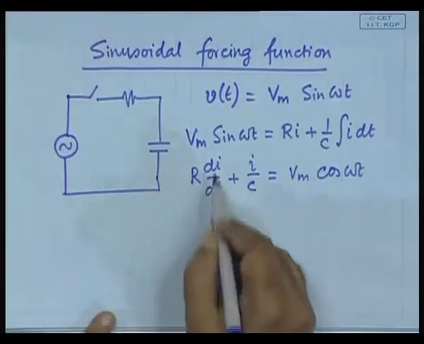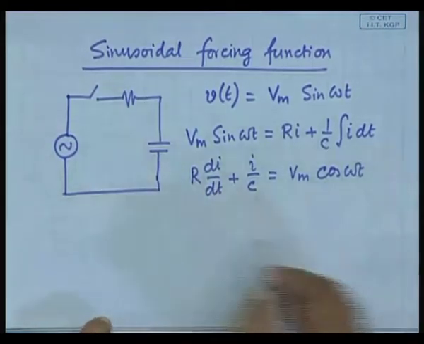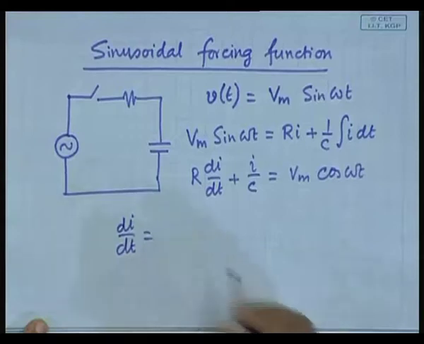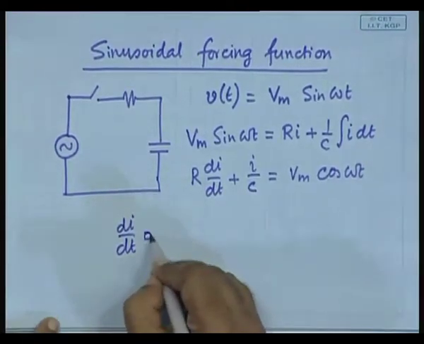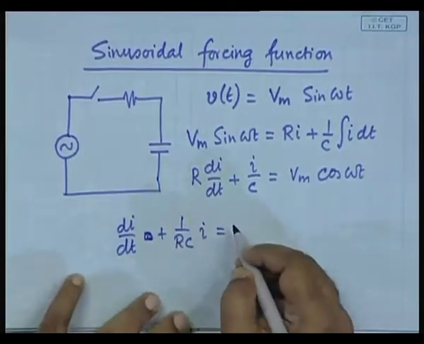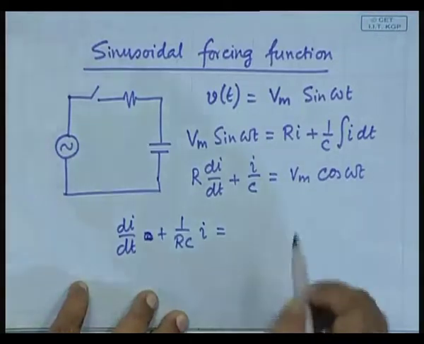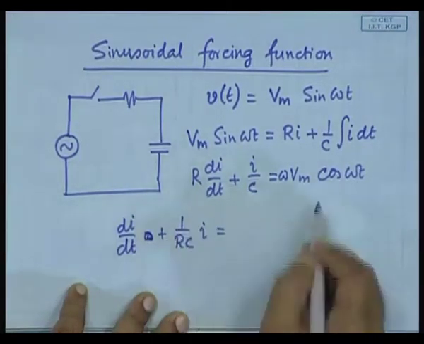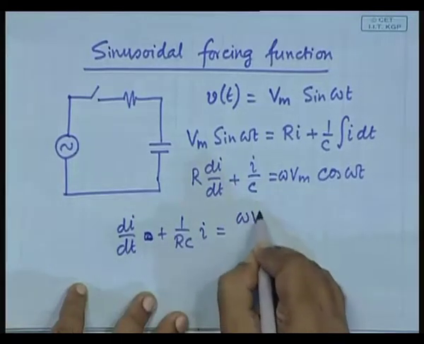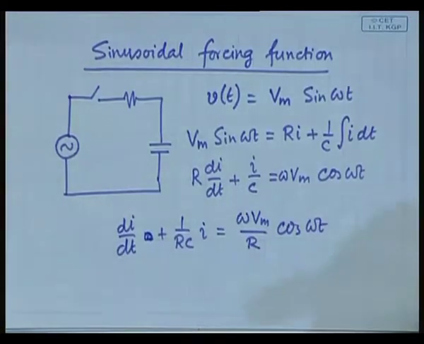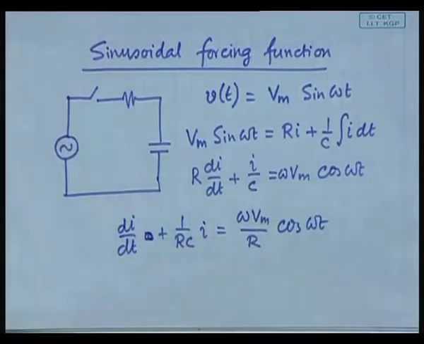So, in order to write this without this R, we divide both sides by R. You have di dt plus 1 by R C I is equal to, omega will come here, because you are differentiating, and R is in the denominator. So, omega V m by R cos omega t. So, this is the equation.